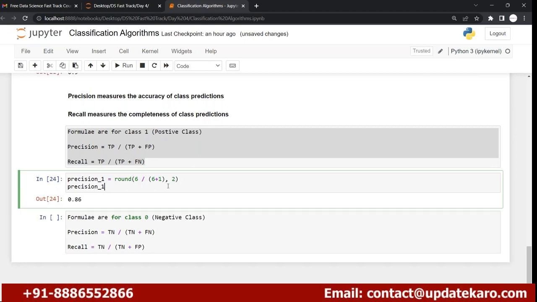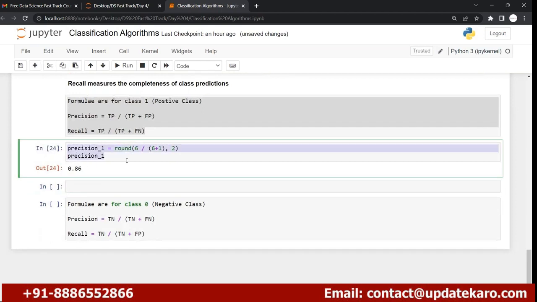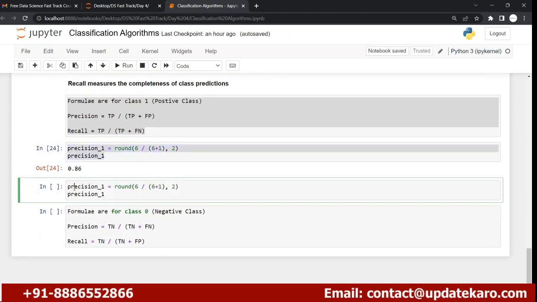Then what about your recall? Let me do the precision and recall in this particular cell as well, so you will understand. I can simply add one more cell over here. Separately it's better. Let's put recall, and here also just put the recall for class 1.